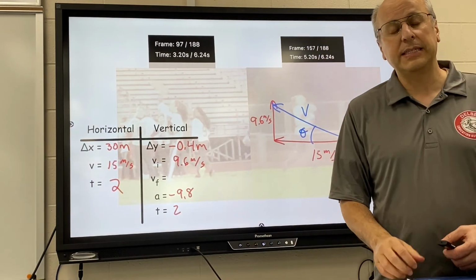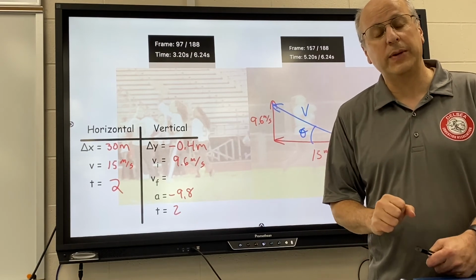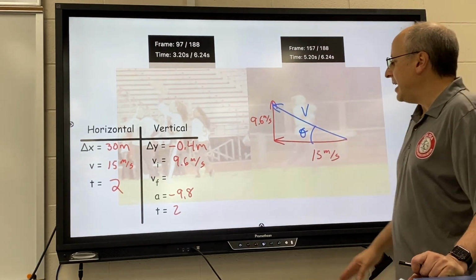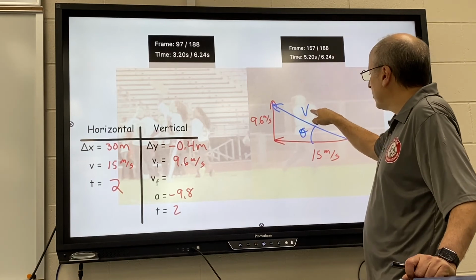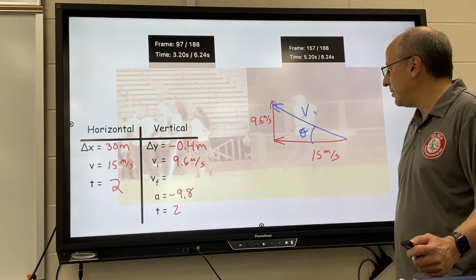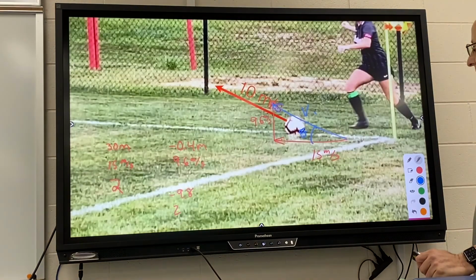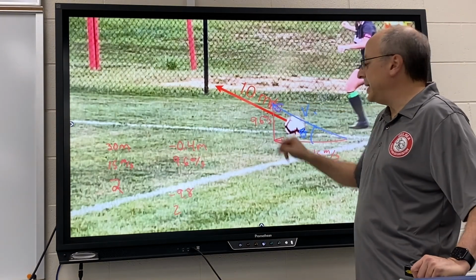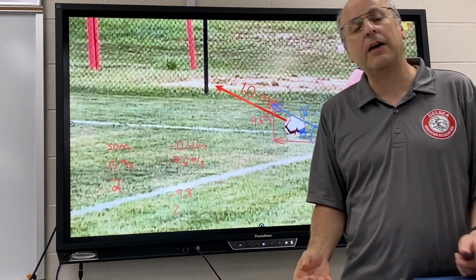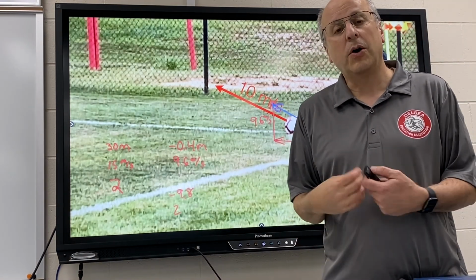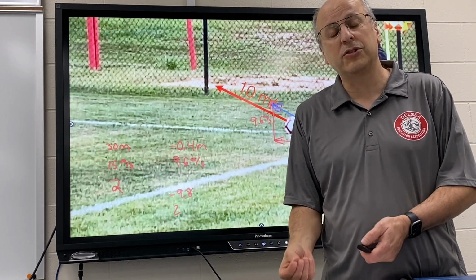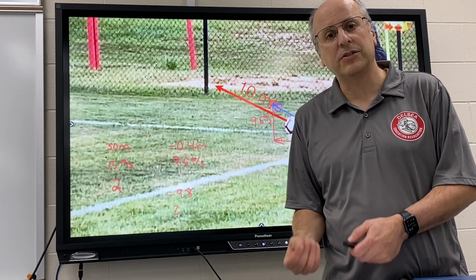So this is an example of each of the different ways we can attack the problem. In this one, we work backwards to figure out the speed and the angle, and on the corner kick, we started with the speed and the angle, and we figured out how far it's going to go. So hopefully this video is enough to get you started with projectiles on an angle.